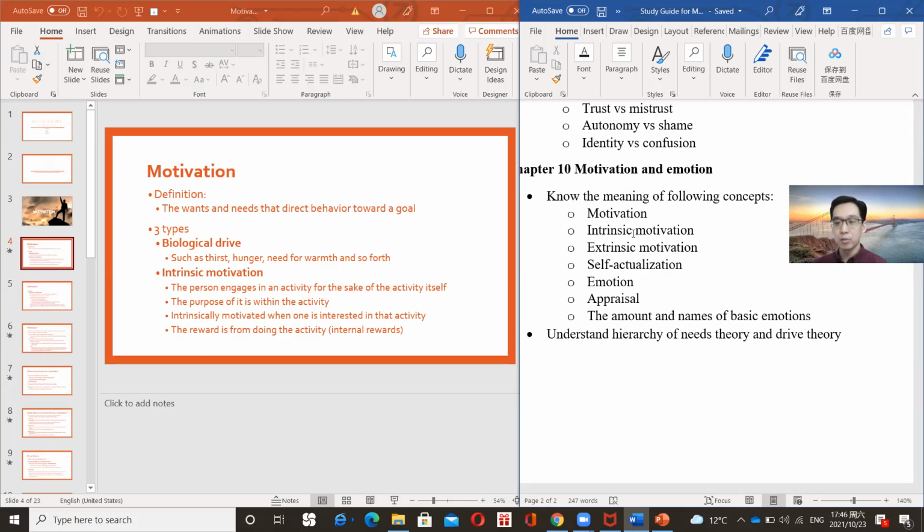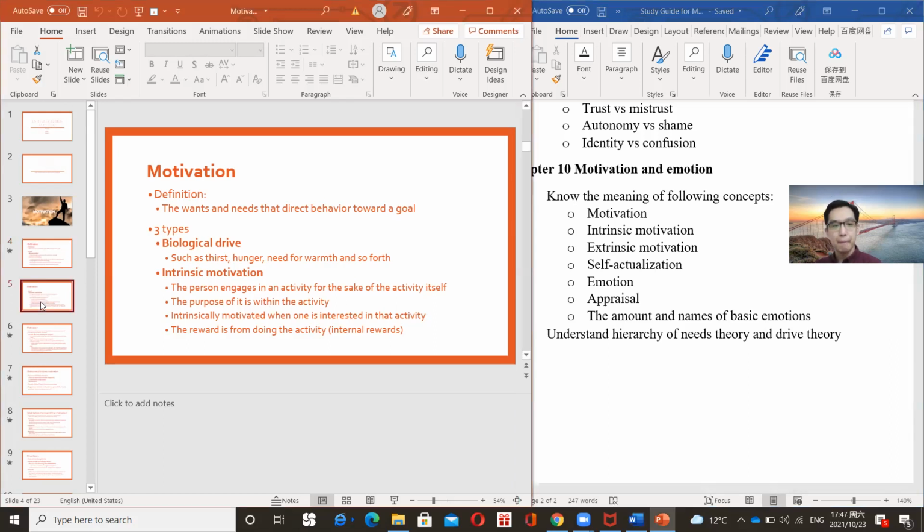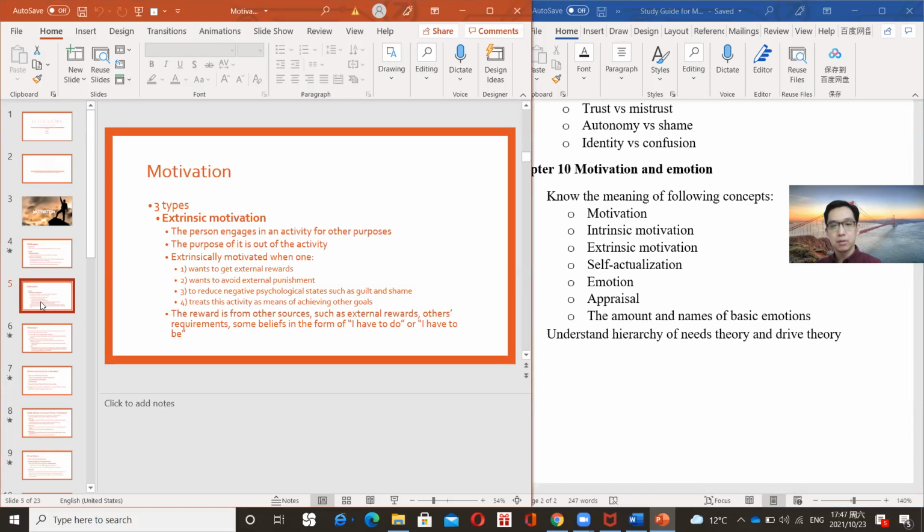But for extrinsic motivation, people engage in some kind of activity for other purposes, for other benefits or rewards, or they want to comply with other people's requirements, or they want to avoid punishments from some people or some kind of events, so they engage in those activities.